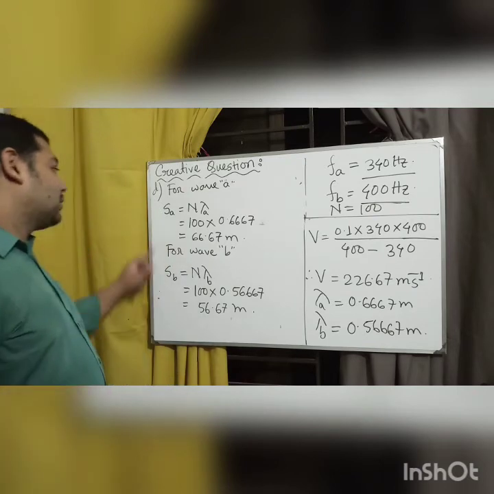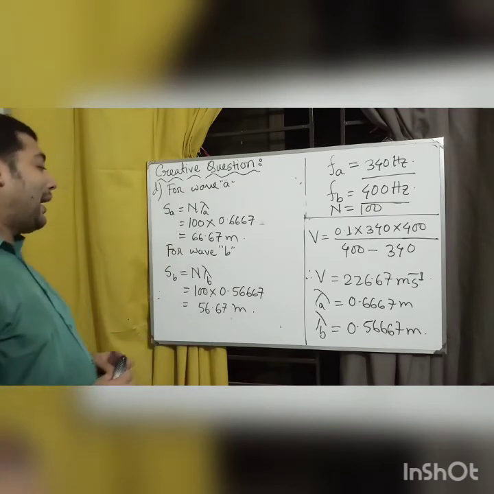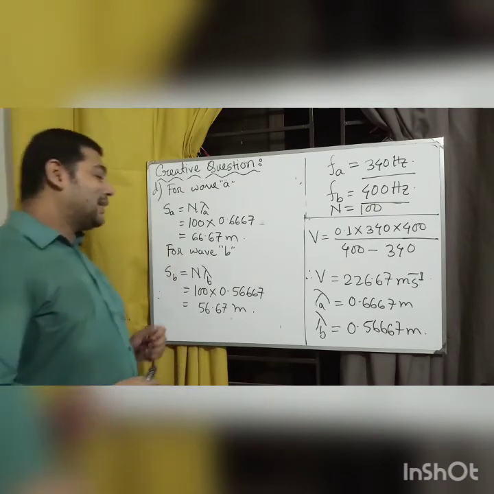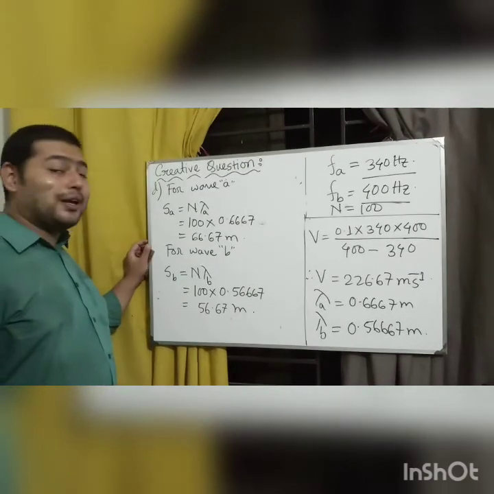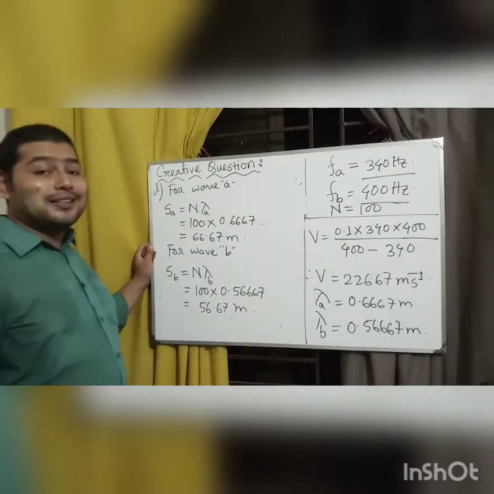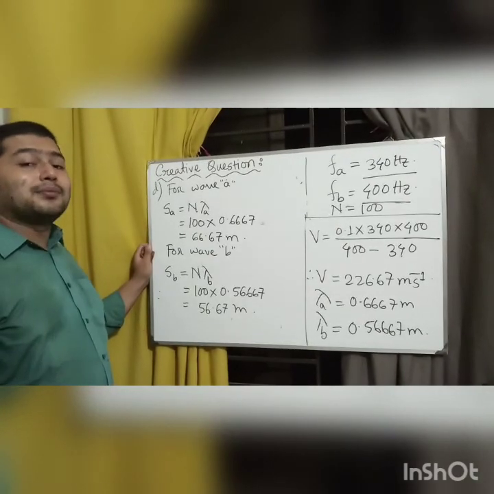So for both wave A and wave B, we see that no wave covers a distance of 160 meter.